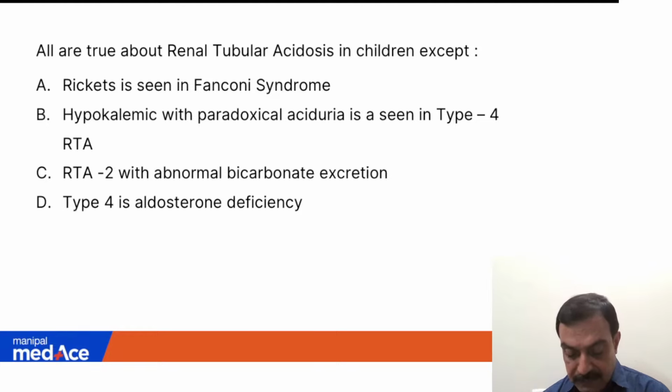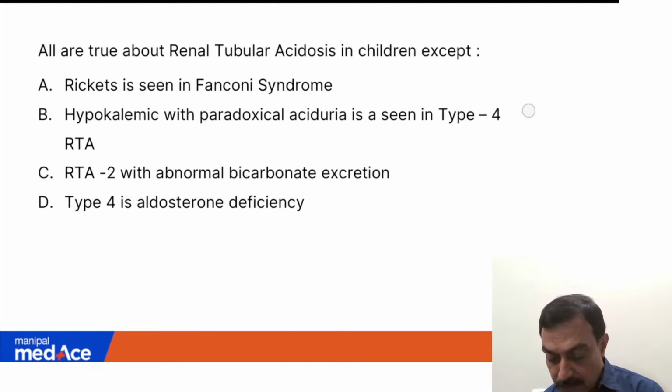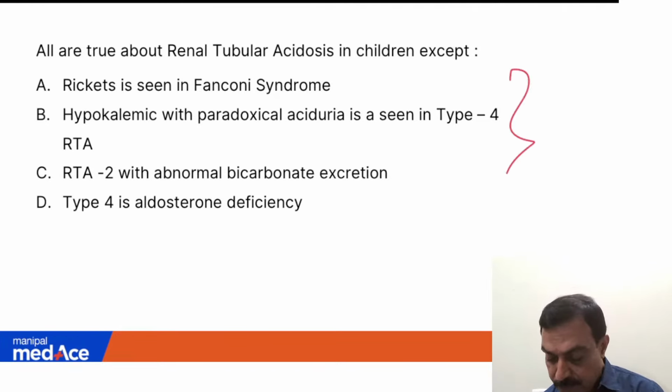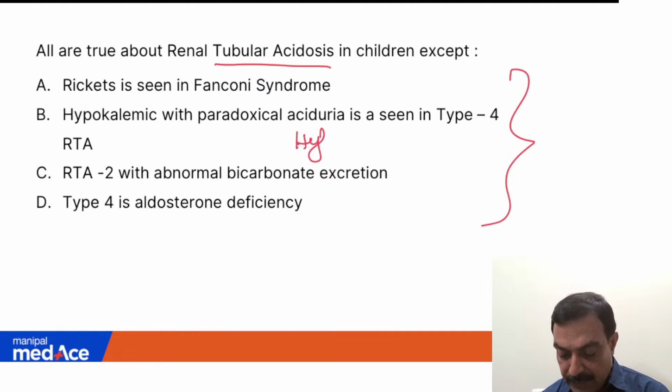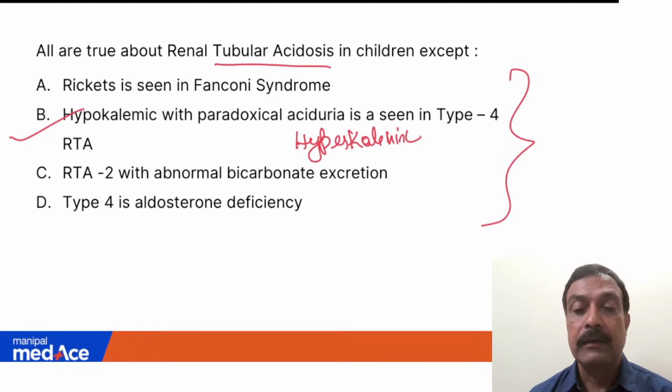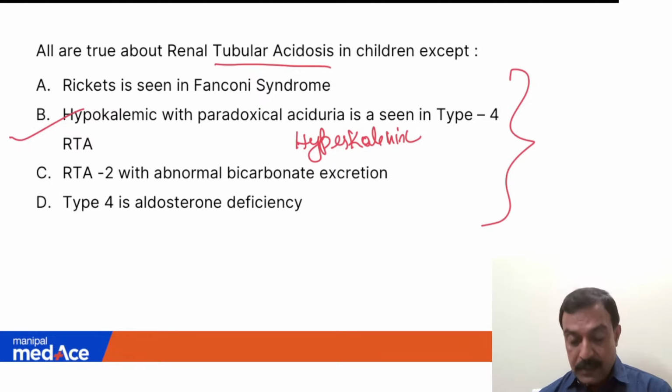I think somewhere these distractors are not correct, whatever is given in this. So I'm not going to discuss, but remember that type 4 is classically hyperkalemic. So the right answer here is hypokalemic with paradoxical aciduria, or it is seen in type 4 RTA.